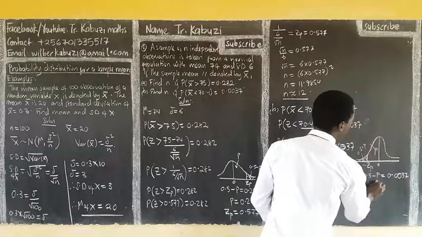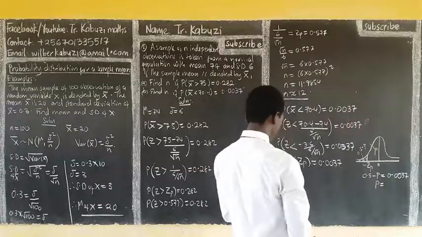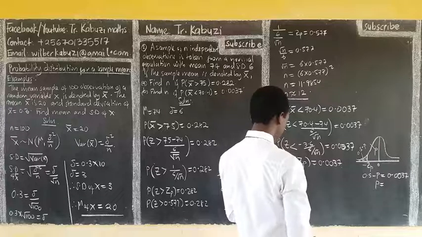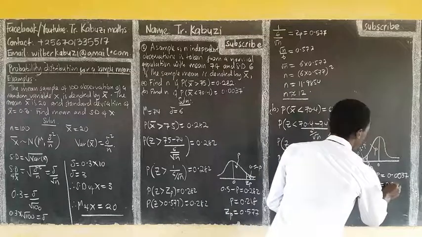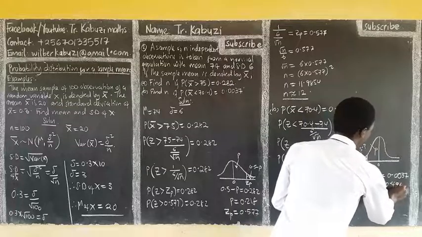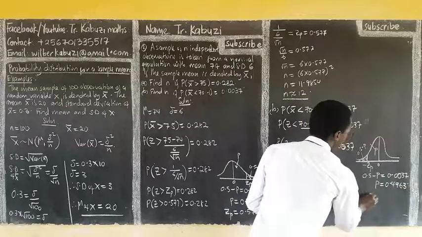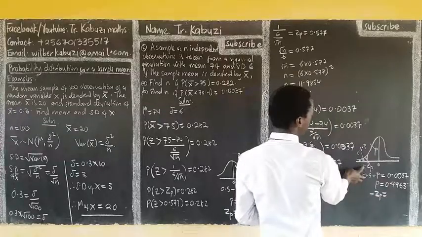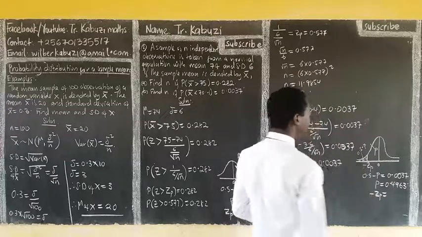They are giving us this as the probability, 0.0037. So our P there will be 0.5 minus 0.0037, which is 0.4963. So now my anti-Z of this. Because this is negative, that's why I am adding the negative.